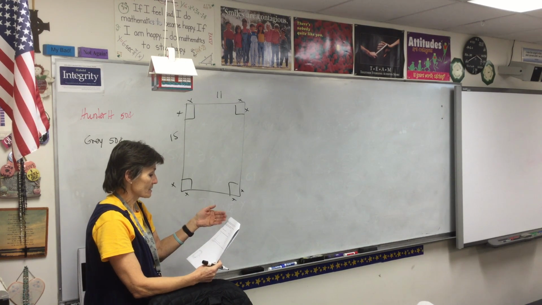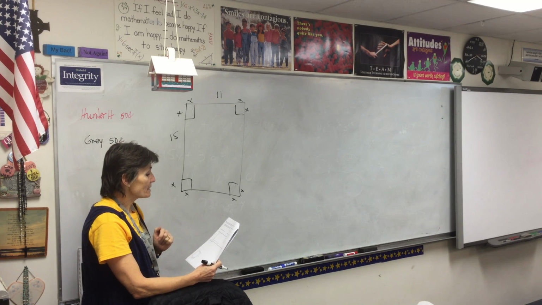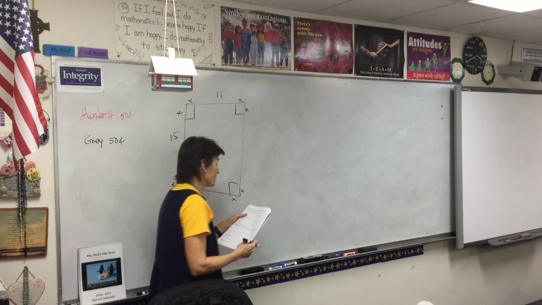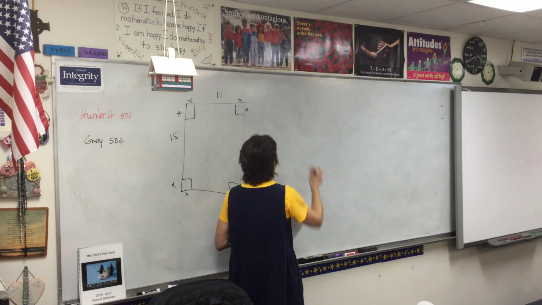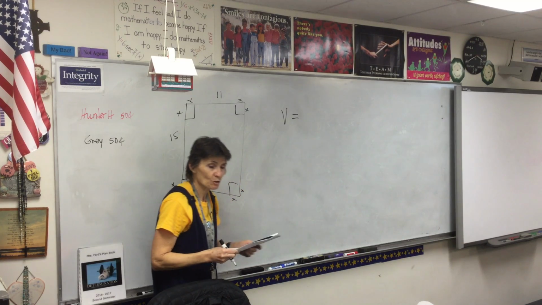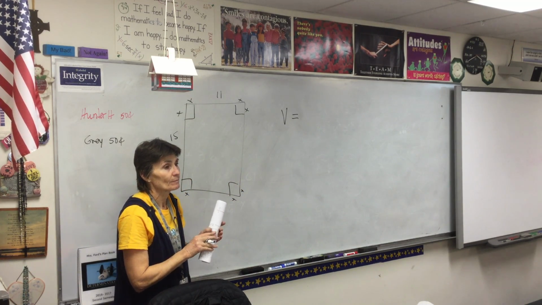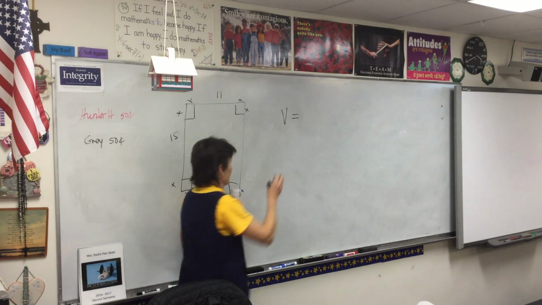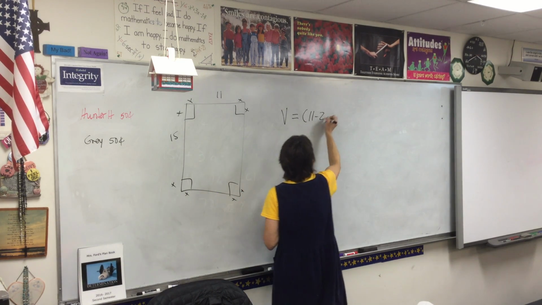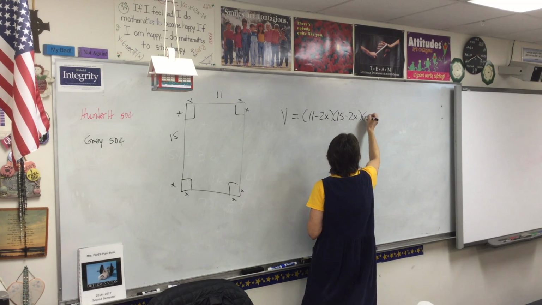Part A. This is a multi-part question. Part A. Write an expression for the volume of the box. Volume equals. What is your formula for the volume of a box? David. In parentheses 11 minus 2x parentheses times, in parentheses 15 minus 2x parentheses times x.